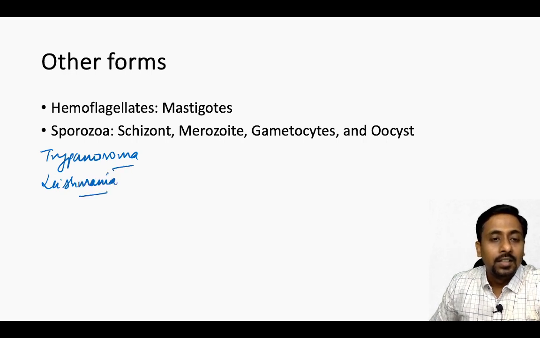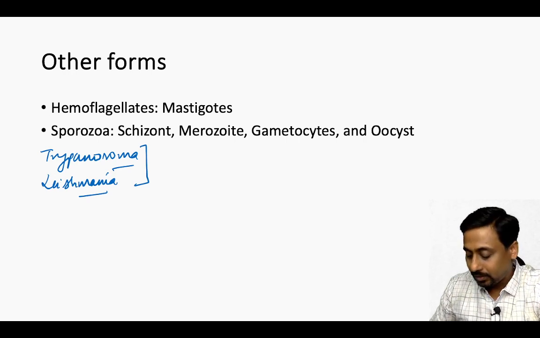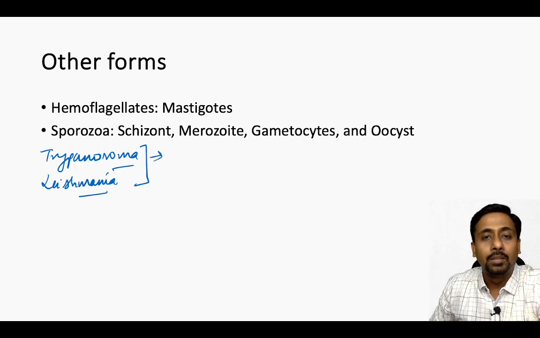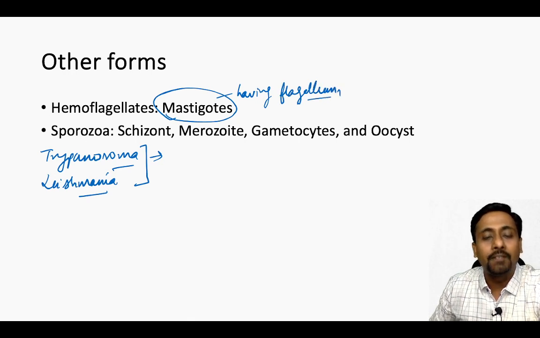In them they don't have any cyst or trophozoite. They have typical characteristic morphological forms called mastigotes. Mastigotes means having flagellum. So they have flagellums.